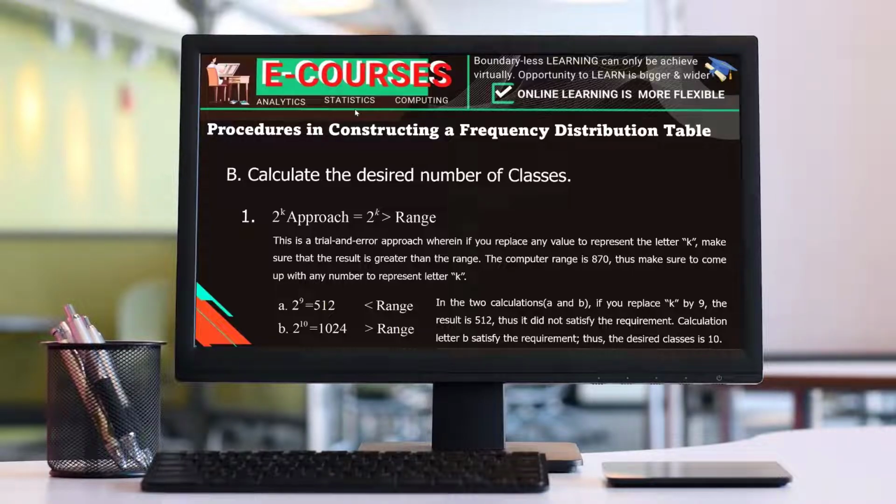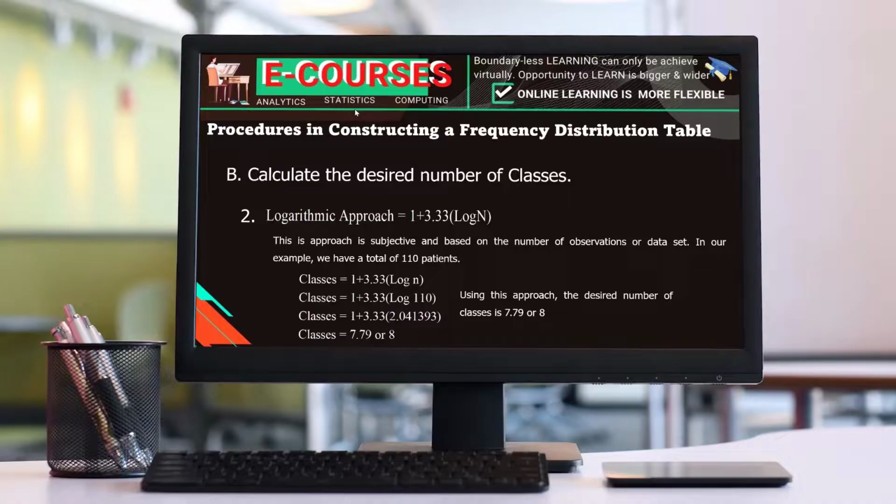So if we use 10 to replace k, we satisfy the requirement. Again, 2 to the kth power should be greater than the range. In this approach, the desired number of classes is 10.